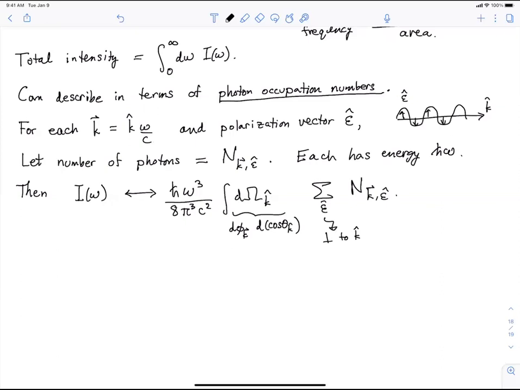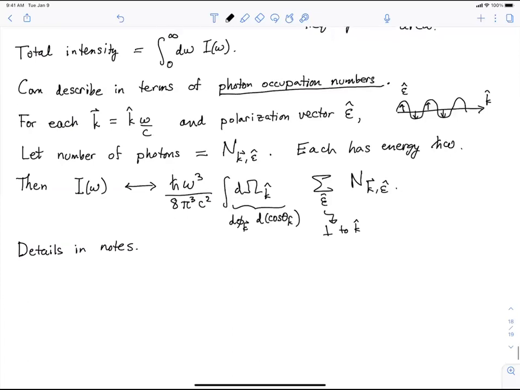Hopefully it should at least be plausible that if I increase the number of photons, I'm going to increase the intensity proportionally. The details of how you get those numerical factors are in the notes. It's basically just looking at the classical mechanics of electromagnetic waves.